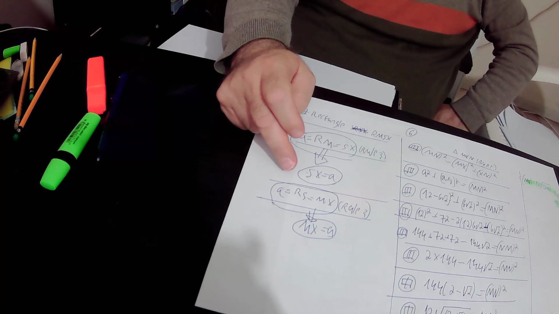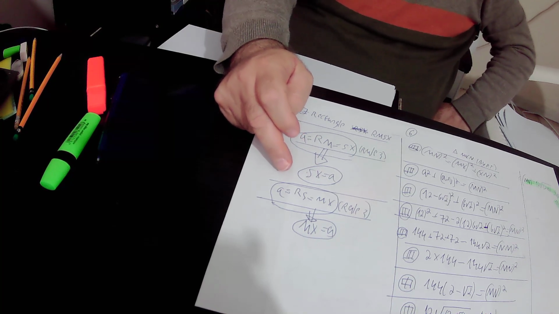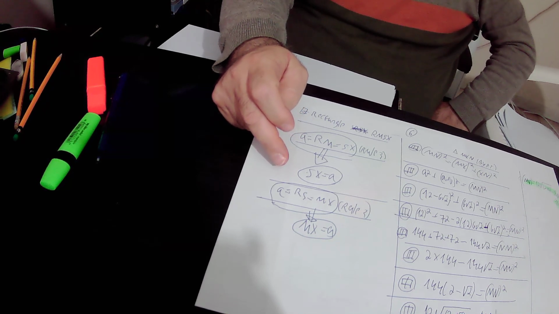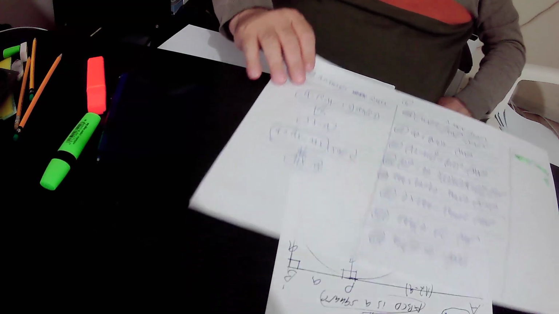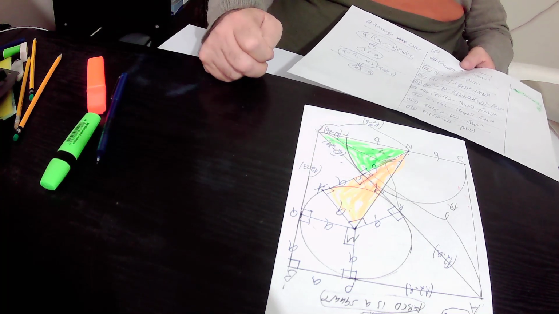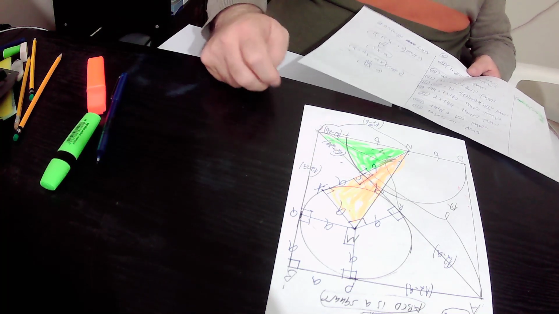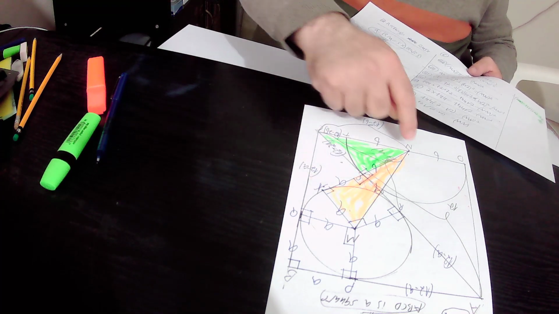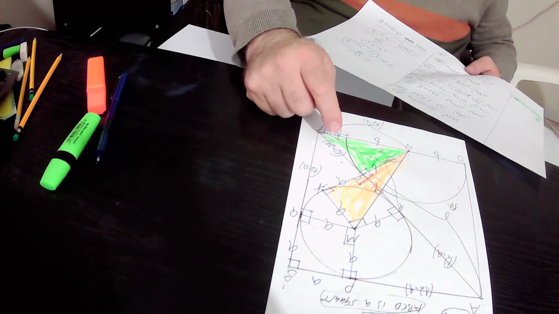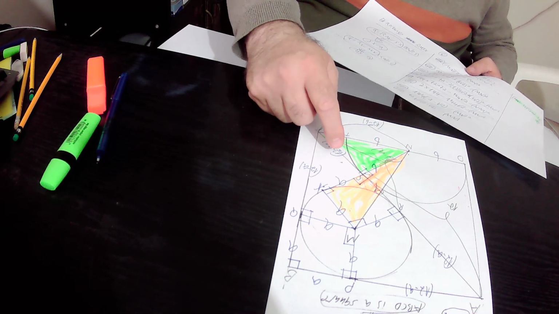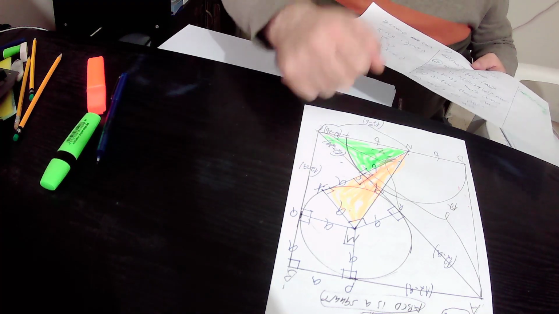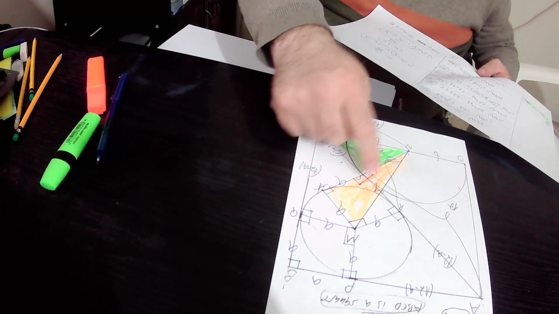But we have already found out that RS equals A. So from A equals RS equals MX, we derive that MX is also equal to A. Because angle MXN is a right angle, triangle MXN is a right triangle, so we can implement the Pythagoras theorem on the orange right triangle MXN.